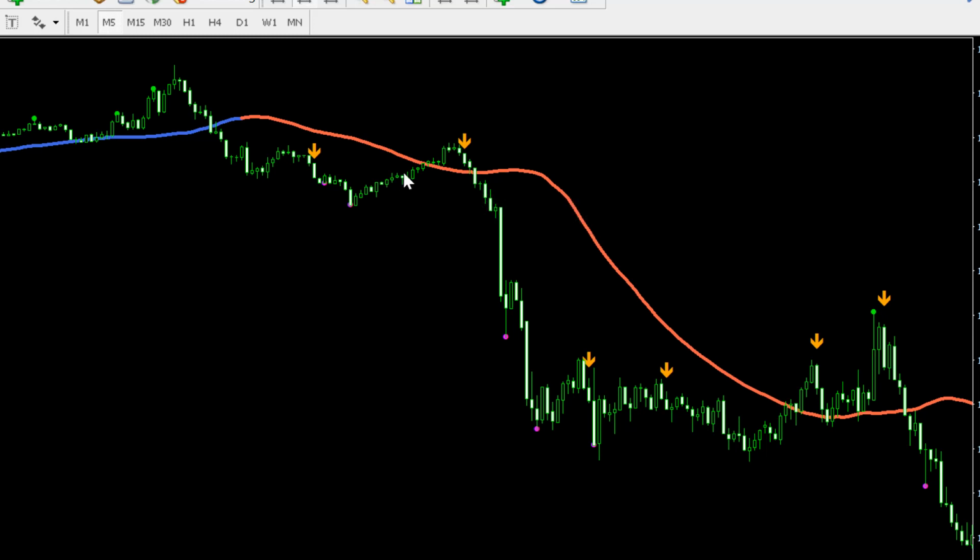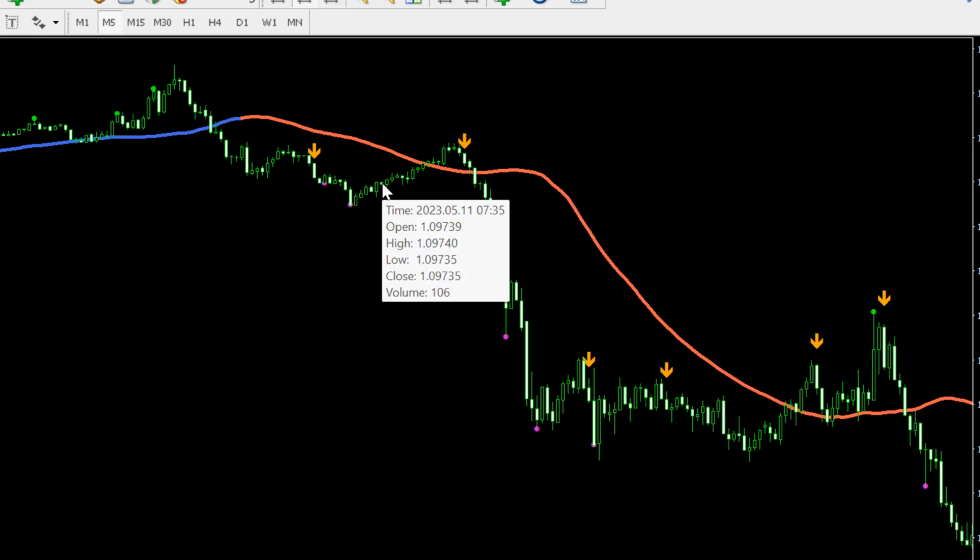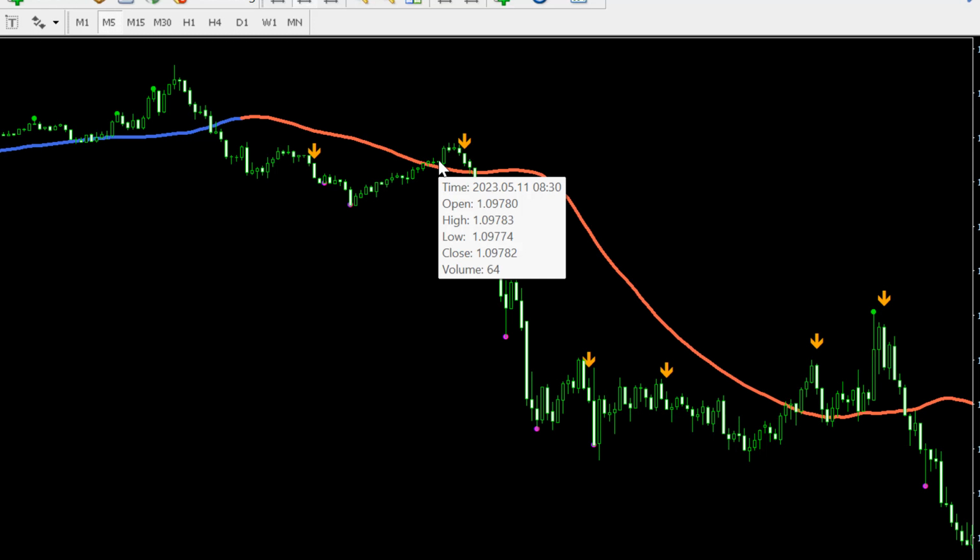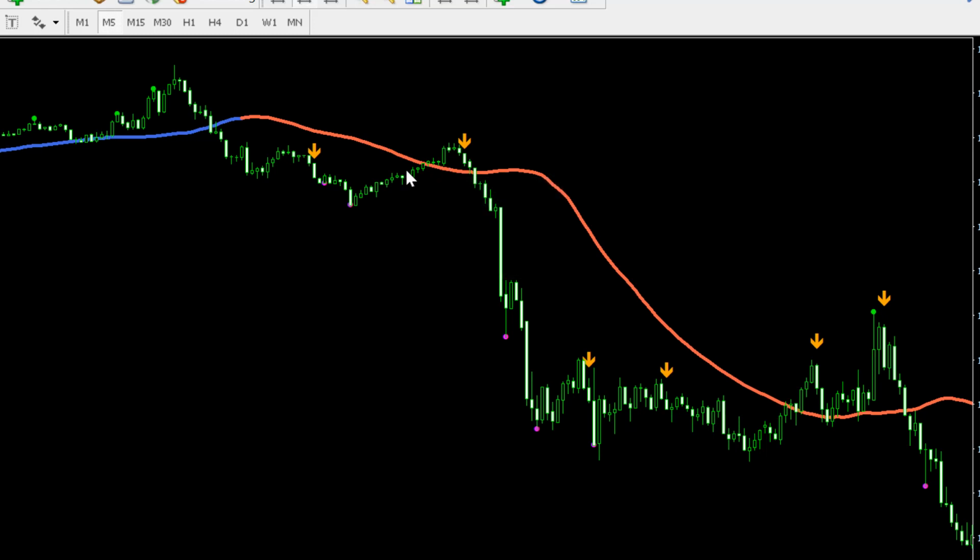The market price will touch the trend line, and whenever it crosses the trend line, you wait for the market price to cross back below the trend line. That is my way of taking the trade.